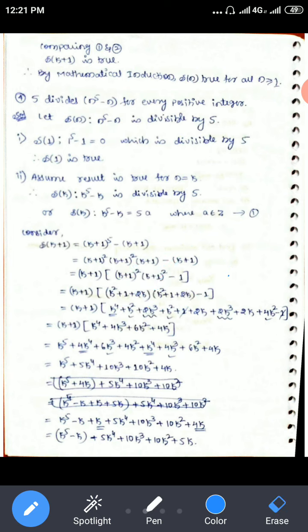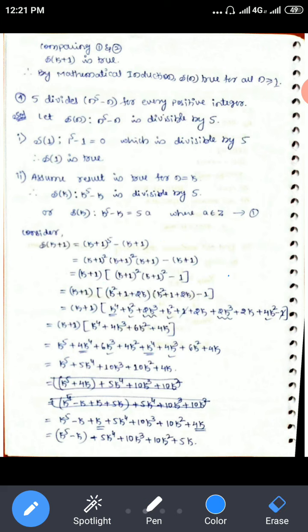So next, what I will do is k square into this term, 1 into this, 2k into this term. First, k square into this term: k raised to 4, k square into 1 is k square, k square into 2k is 2k cube.